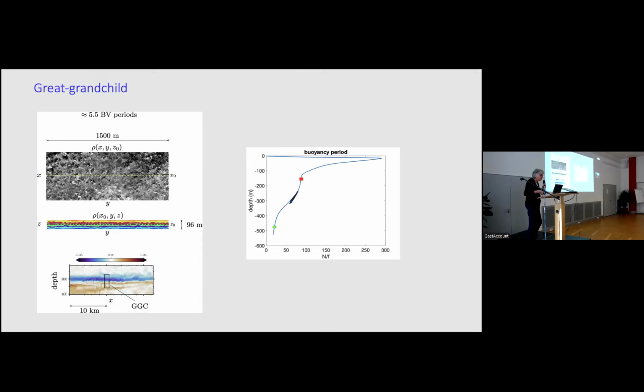When we go to the great grandchild, our vertical domain is just 96 meters, and we're down to 1.5 kilometers in X or Y, but we retain dx equals dy in all these simulations.